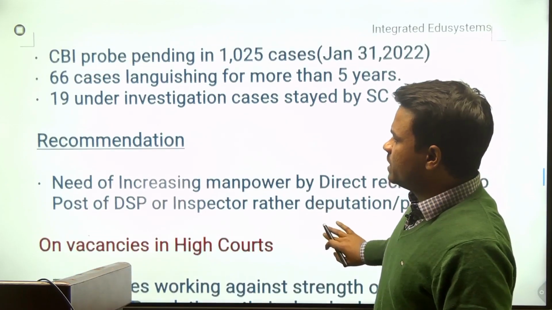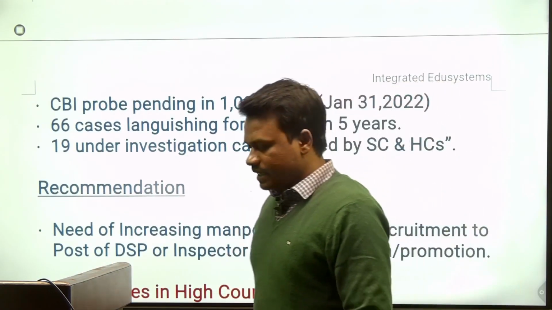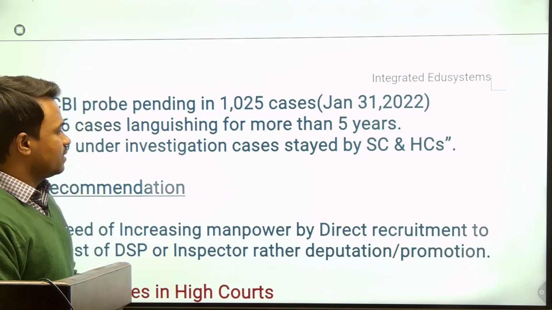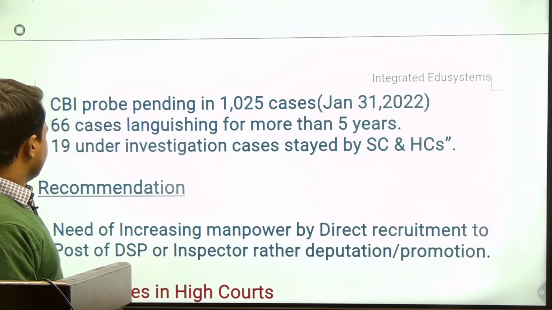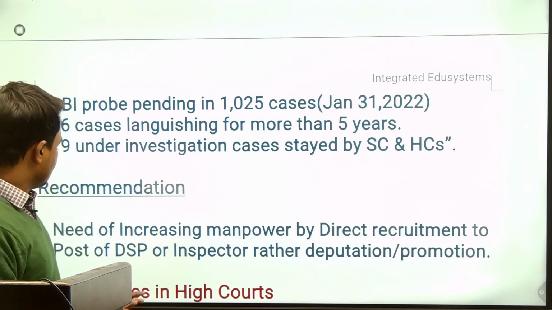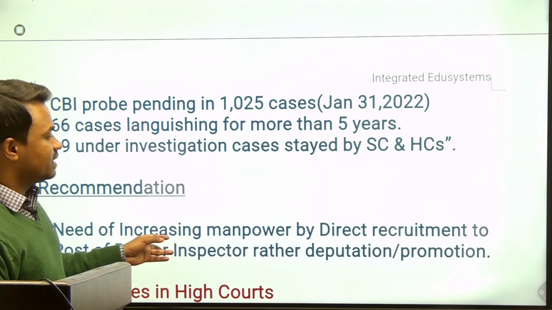So what are the recommendations regarding this pendency and the low conviction rate of cases by the CBI? There is a need for increasing manpower by direct recruitment to the posts of DSP and inspectors rather than by deputation or promotion.